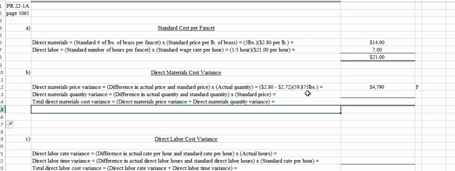The standard quantity, they tell us standard number of pounds of brass per faucet, and they tell us how many we produced this week. So to come up with the standard quantity, we'll have to make a little side calculation here.